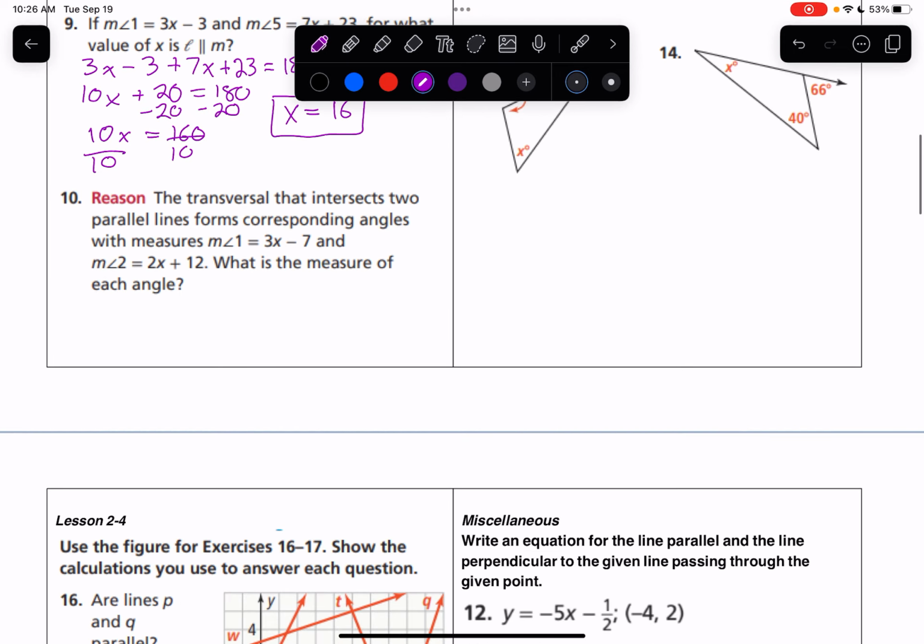Number 10, the transversal that intersects 2 parallel lines forms corresponding angles with the measures of 3x minus 7 and 2x plus 12. What is the measure of each angle? Since corresponding angles are equal, we can say 3x minus 7 equals 2x plus 12 and solve.